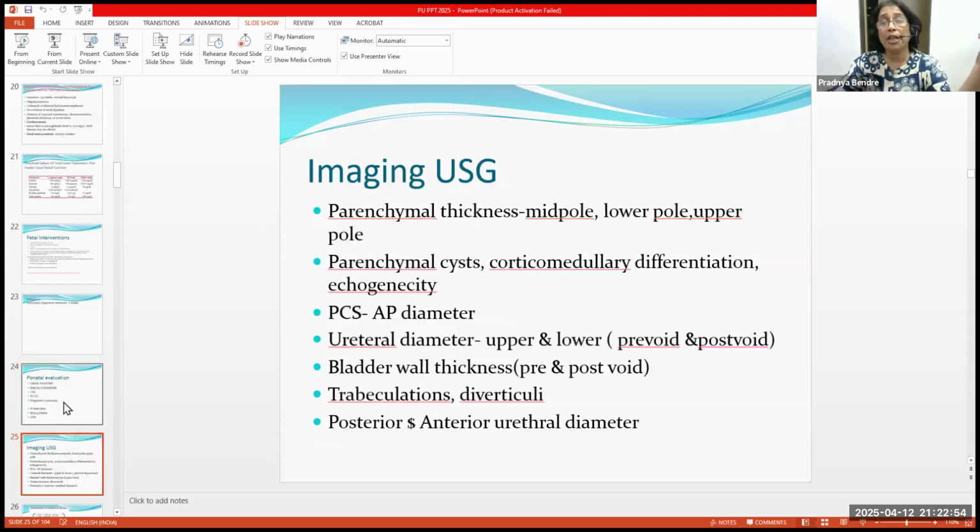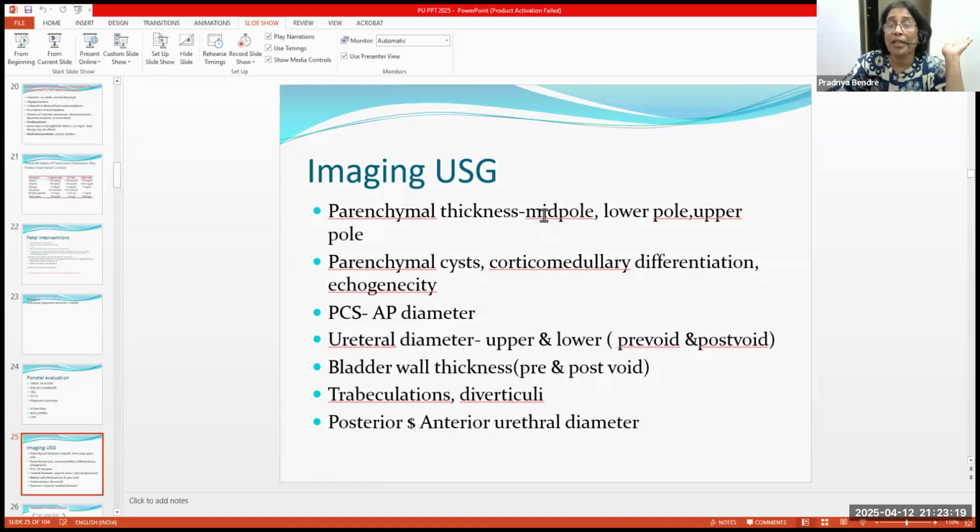So what do you see on imaging in a suspected posterior urethral valve? You either start from the kidneys or start from the urethra, but go in a systematic manner and check every possible detail on ultrasound. A good ultrasound gives you a lot of information as a baseline as well as for follow-up.